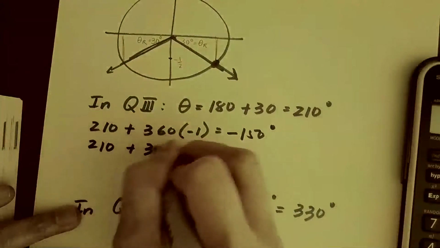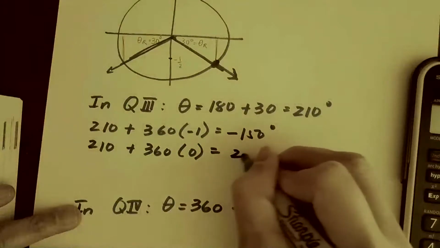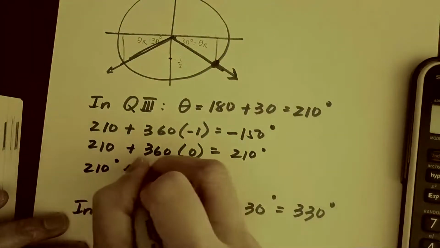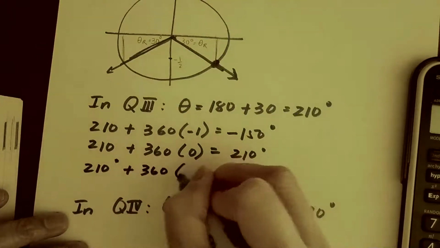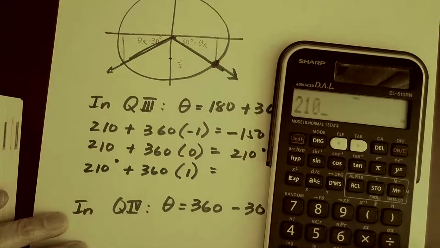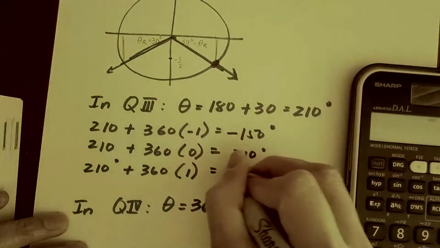210 plus 360 times 0. That means I'm not turning anywhere, so it's just going to be 210 degrees. And then 210 degrees plus 360 times 1. 210 plus 360 equals 570 degrees.